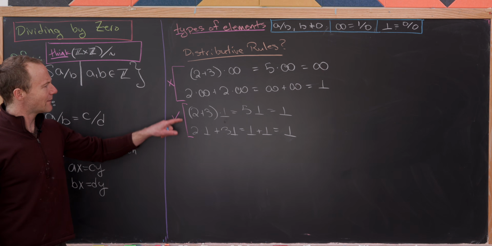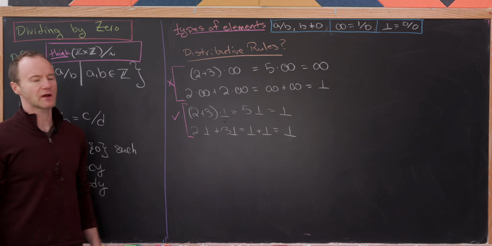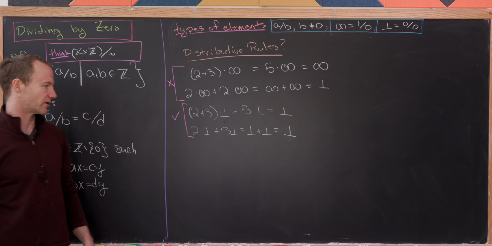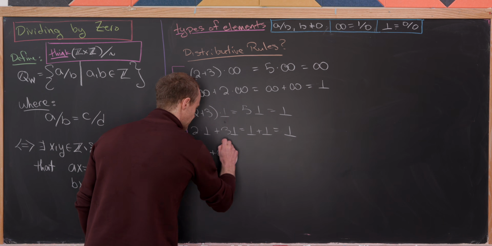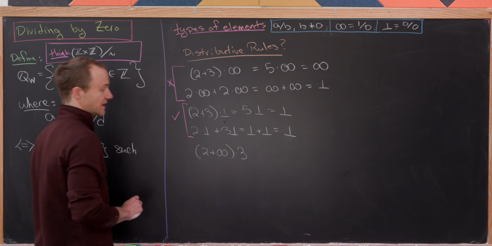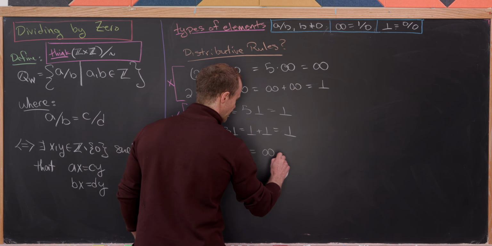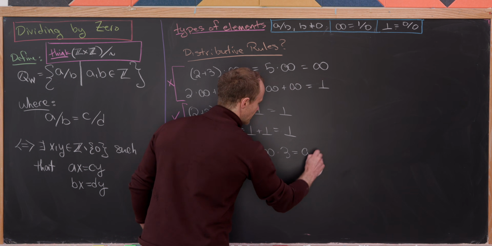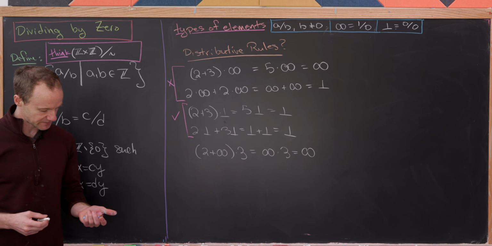Now, what happens if you've got infinity or the perpendicular number inside of the parentheses? So let's do 2 plus infinity times 3. On the one hand, 2 plus infinity is equal to infinity. You multiply that by 3, you get infinity, again by our previous calculations.